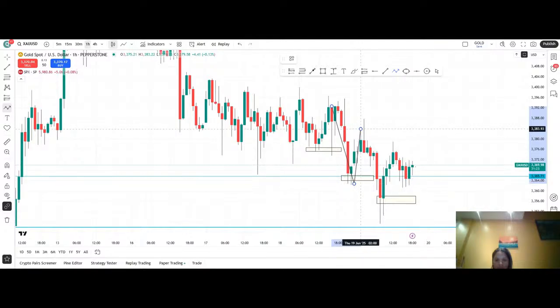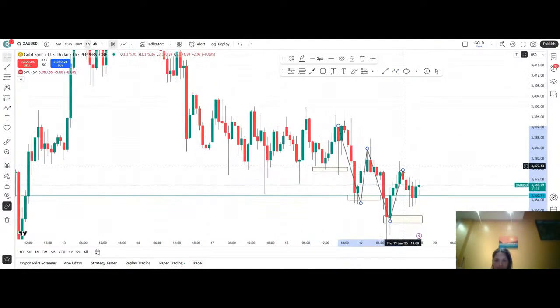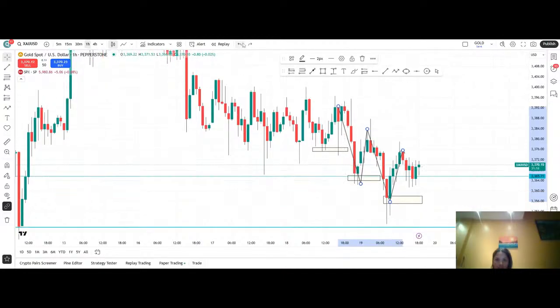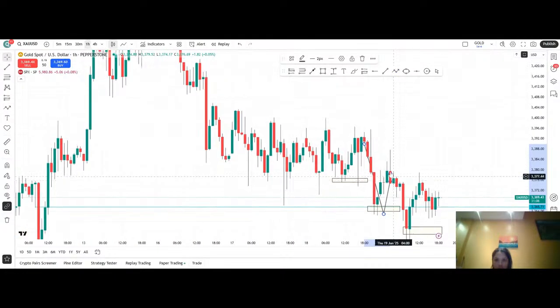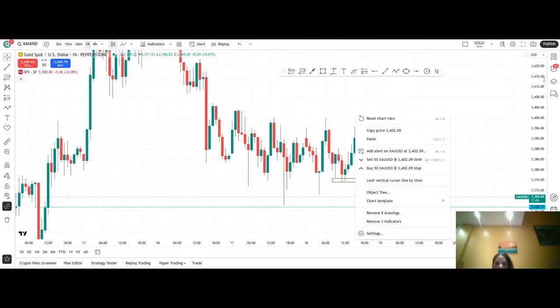One leg, yes, the head is busy forming, and this could be the third leg that we are now currently seeing, or the second leg. Let me show you. This looks like a reversal pattern being formed here.